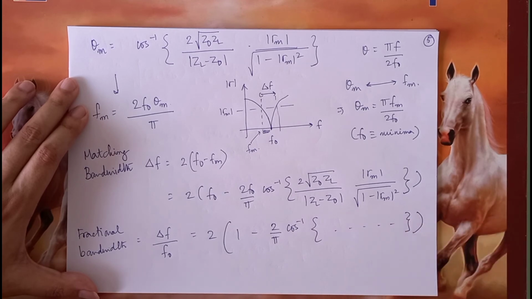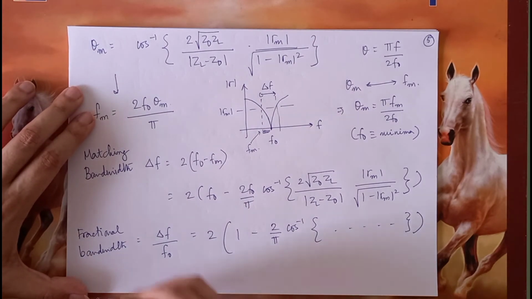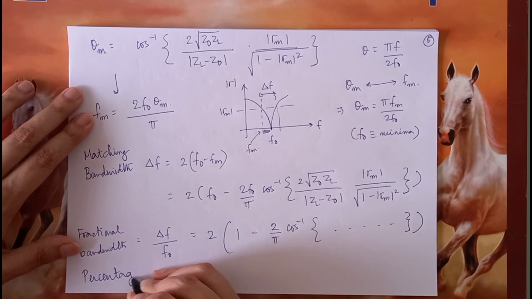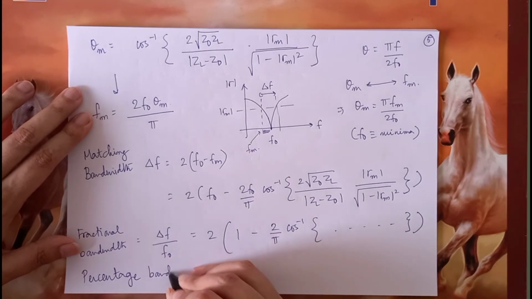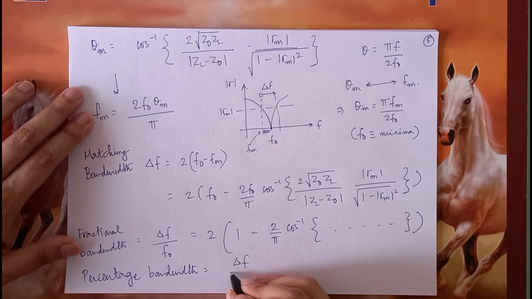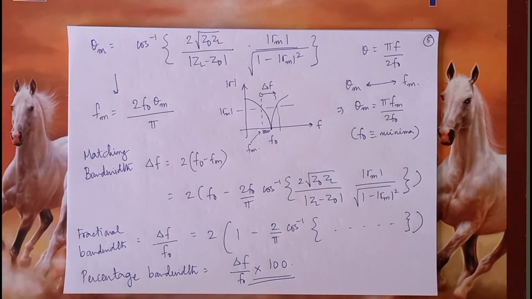I'm not going to write it again. And many places also define something called percentage bandwidth, which is nothing but the fractional bandwidth multiplied by 100. So this is how you can calculate the bandwidth of a quarter wave transformer.